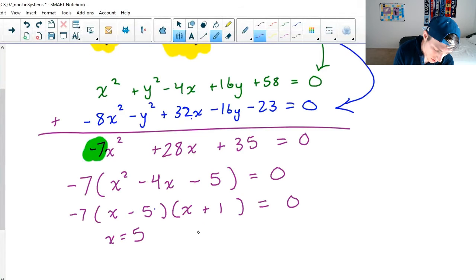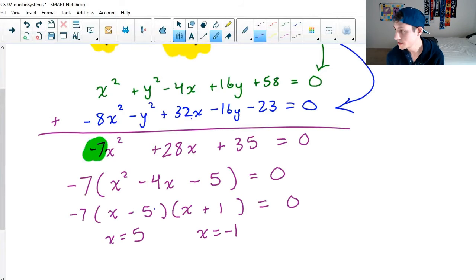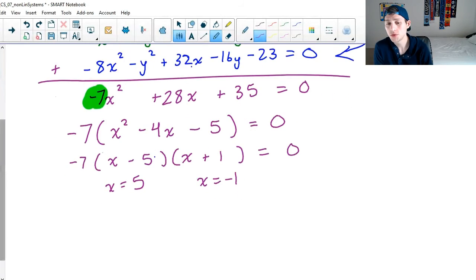X equals 5. X equals -1. Just because there's a -7 out there still doesn't mean anything. We don't need to do anything with it. We can just leave it, because if you set -7 equal to 0, that doesn't make any sense. Okay, but I have two x values here.